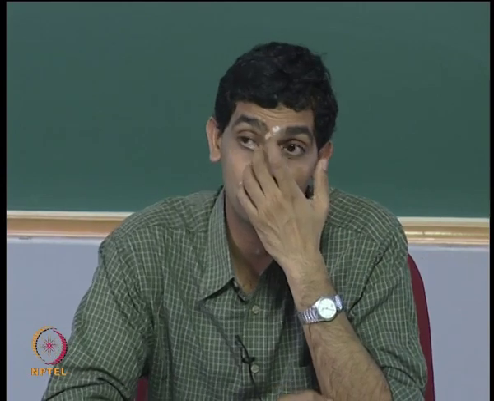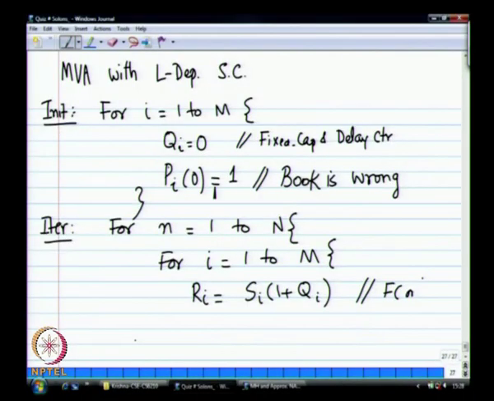That is how we calculated this. So if it is for any i that is a fixed capacity center, this is your Ri. Look at this as a switch statement or a case statement, and Ri equals Si if it is a delay center. So depending on what i is representing, you would change your formula.